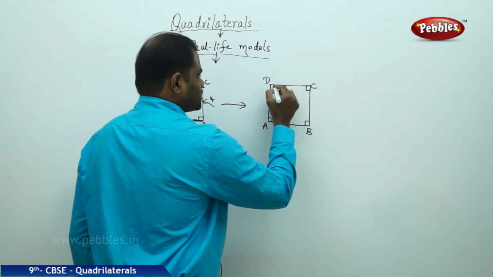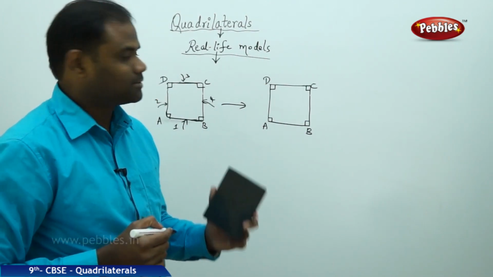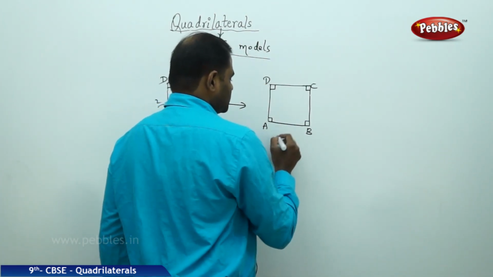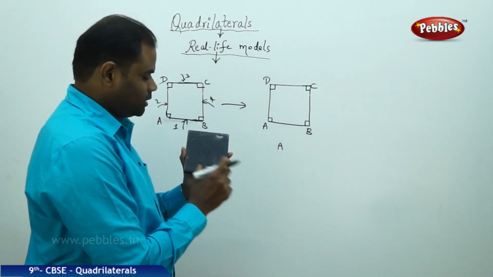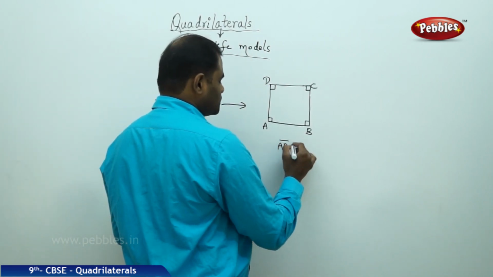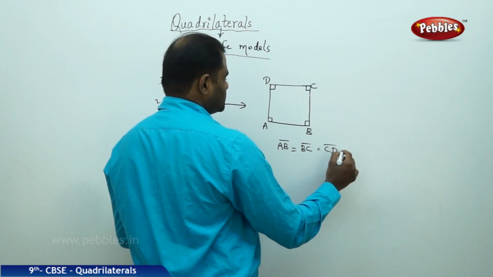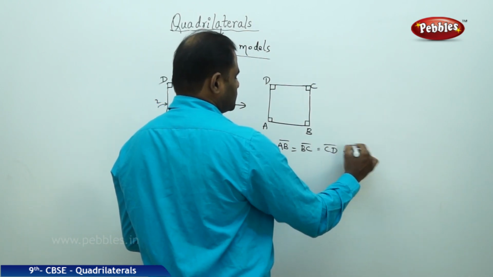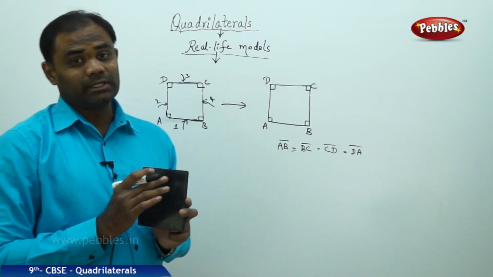As a special case, I have all the angles exactly L-shaped, 90 degrees. And I also observe that for this model, each of the lengths is equal. That is, my length AB is equal to length BC, equal to length CD, equal to length DA. That means all my four sides are equal in length.